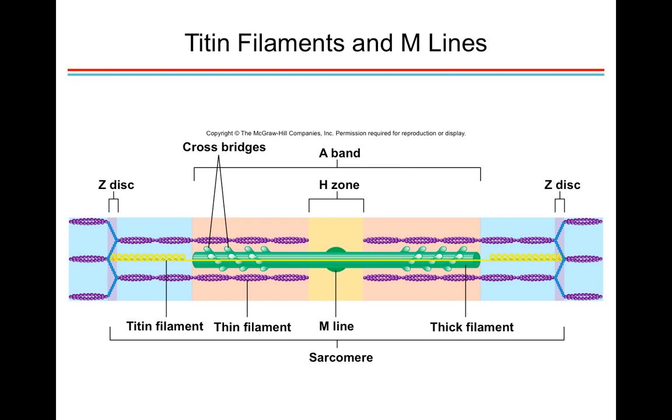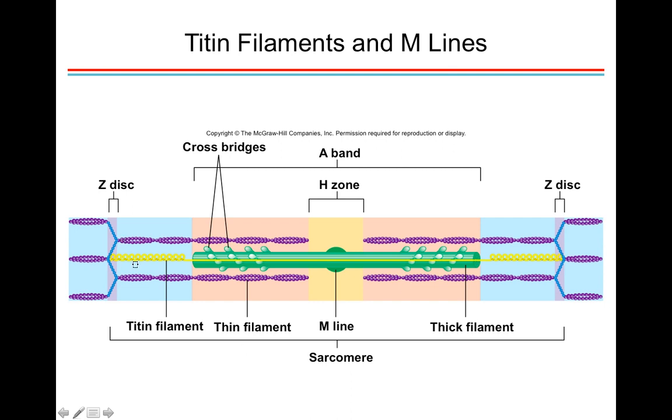And we have some zones that I need to introduce you to. We have the H zone in the middle, which is a zone of myosin only. Then we have an A band, which is where we have both actin and myosin together.